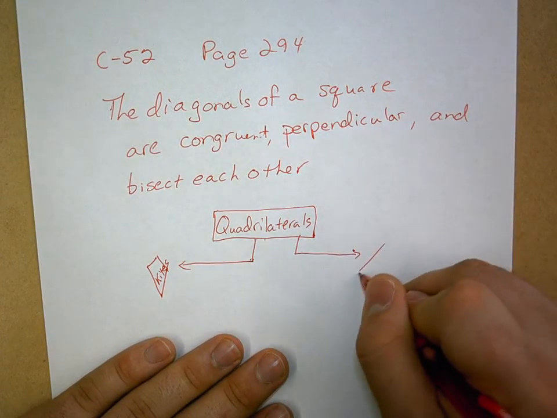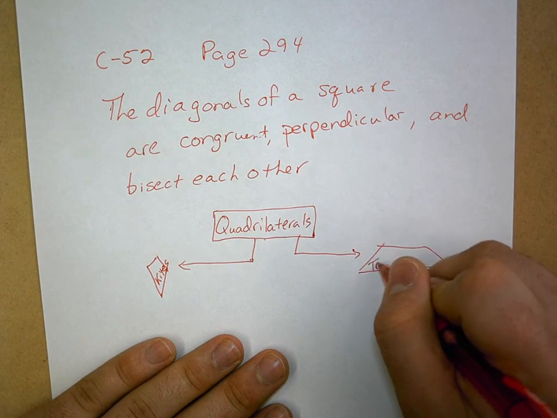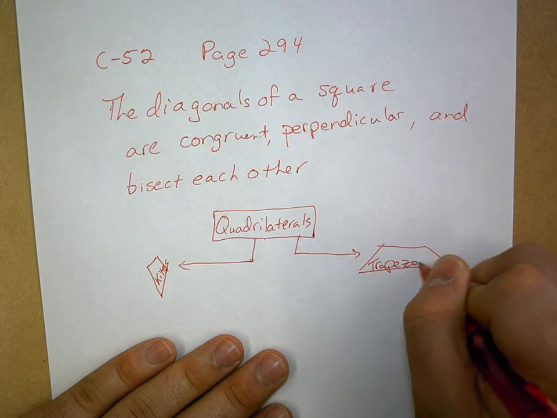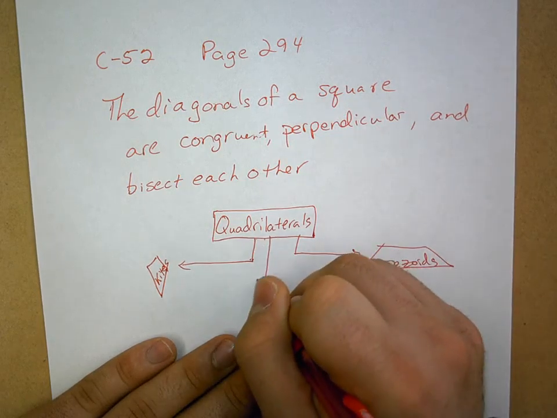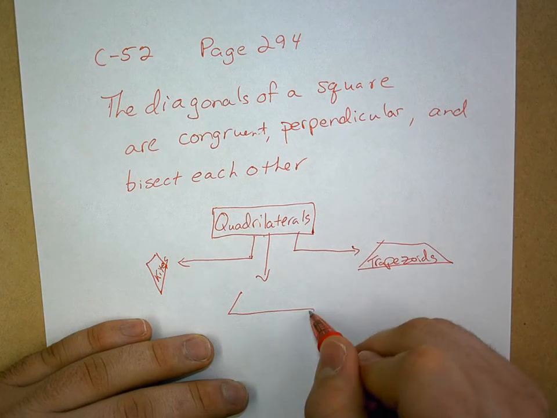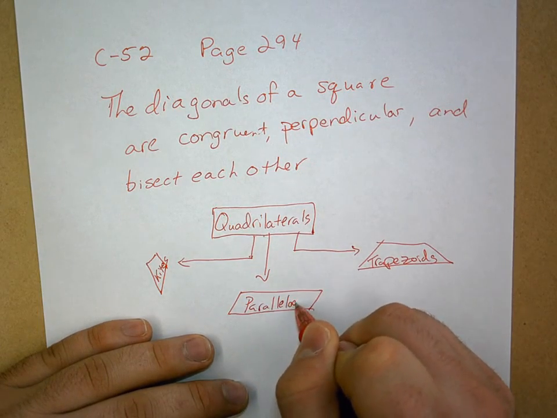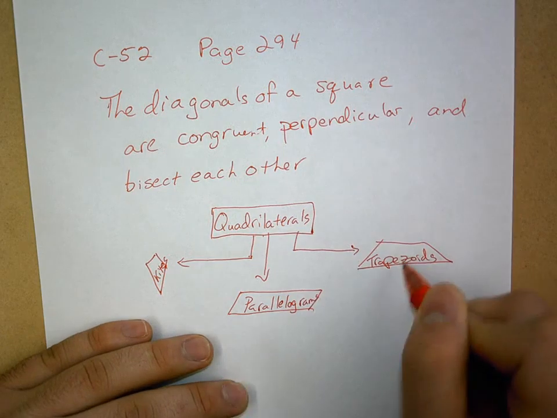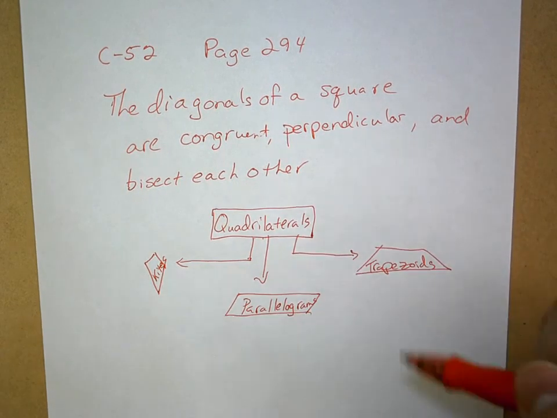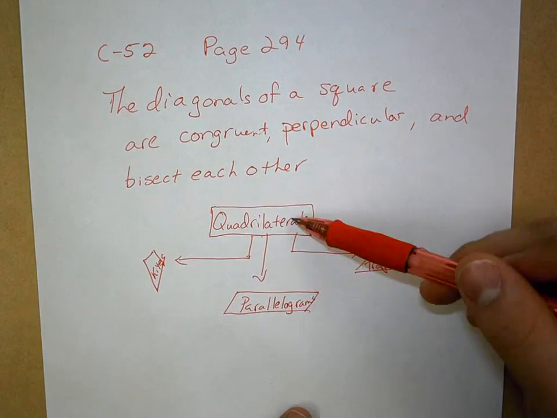Talked about trapezoids. Then we got more specific, and we talked about parallelograms. Okay? So, all these three are different, but they do share one thing, that they all have four sides.